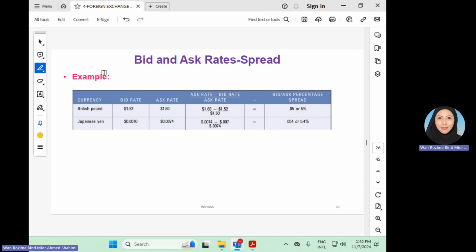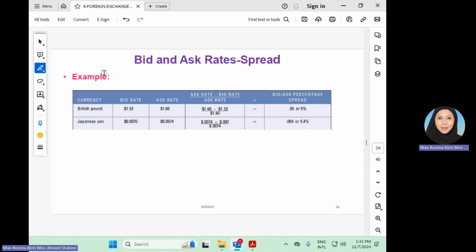So based on this formula, do you want to look from the perspective of the numerator or the denominator? Denominator. So we want to know from the perspective of the British pound and then from the perspective of the Japanese yen. This is simple calculation.